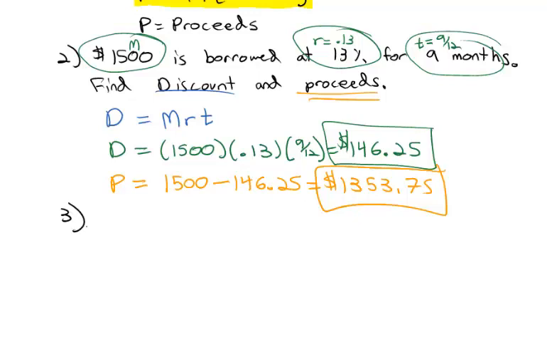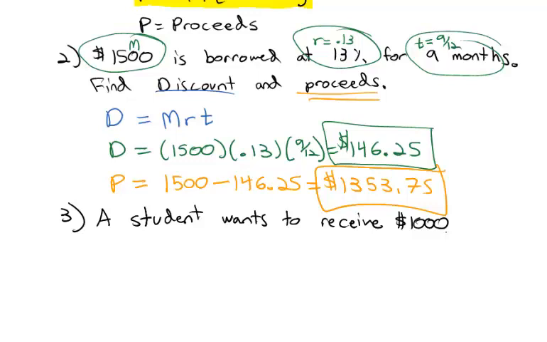Let's do one more with discounts. Let's say we've got a student who wants to receive $1,000. That's more the realistic situation. I know I want $1,000, so how much of a loan am I going to have to get to receive the $1,000?